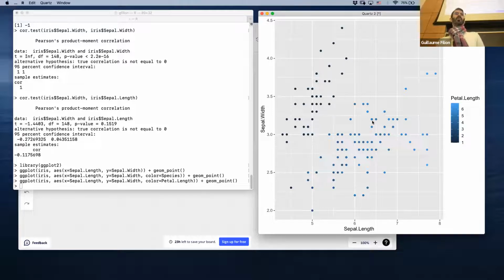What you know is that there is a gradient that's nicely represented with these points, but you don't really know which value the colors correspond to. Or to know, for example, that this particular color is approximately twice as long as that particular color is really not obvious. You have to really look at the legend here and calibrate your colors based on what you see.